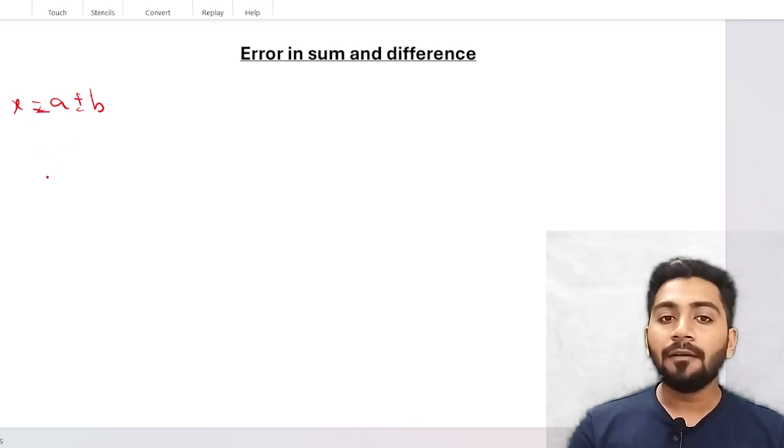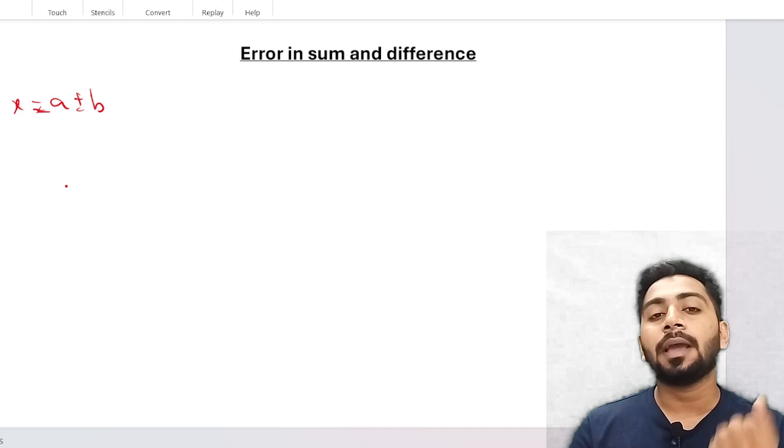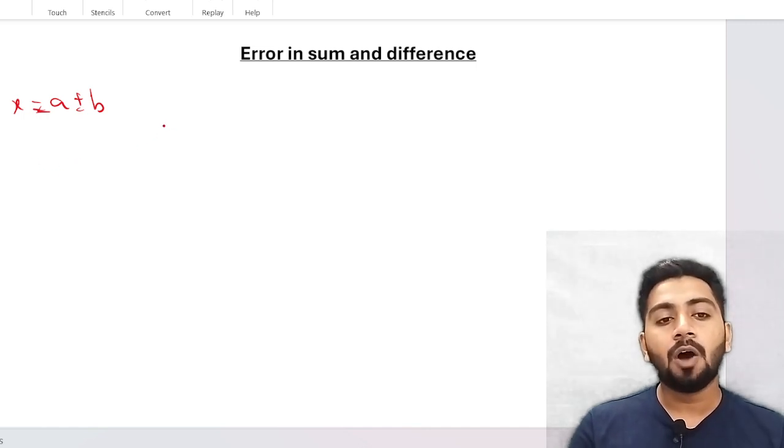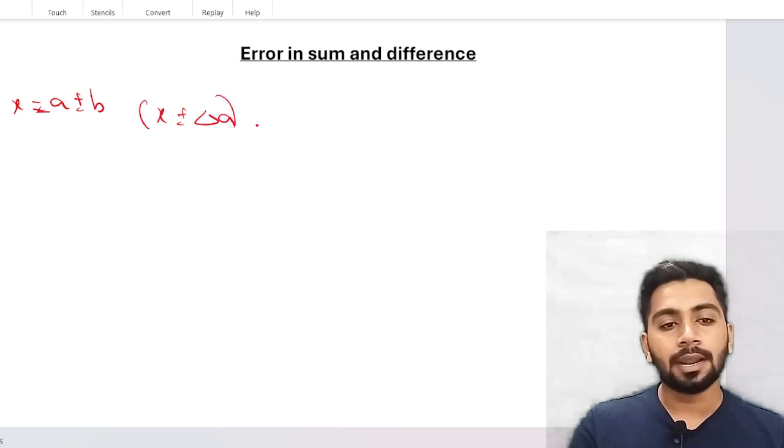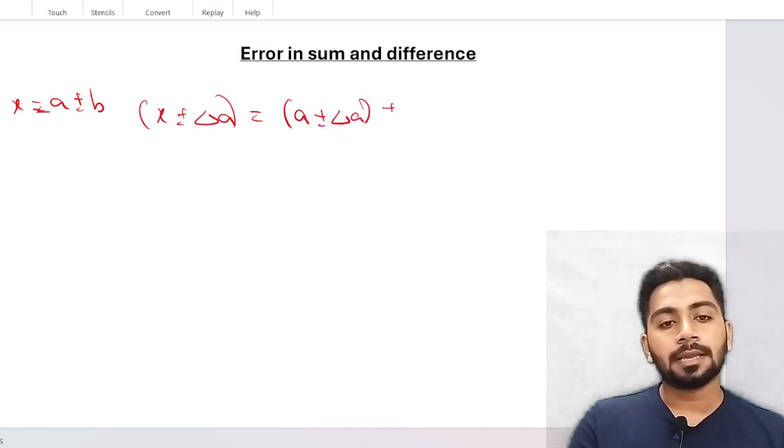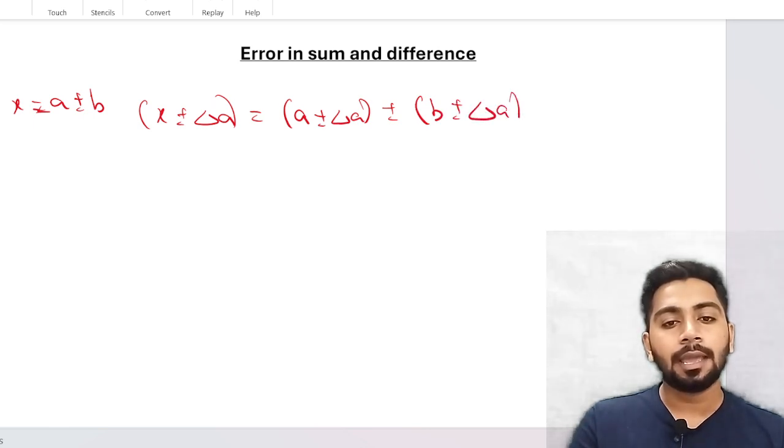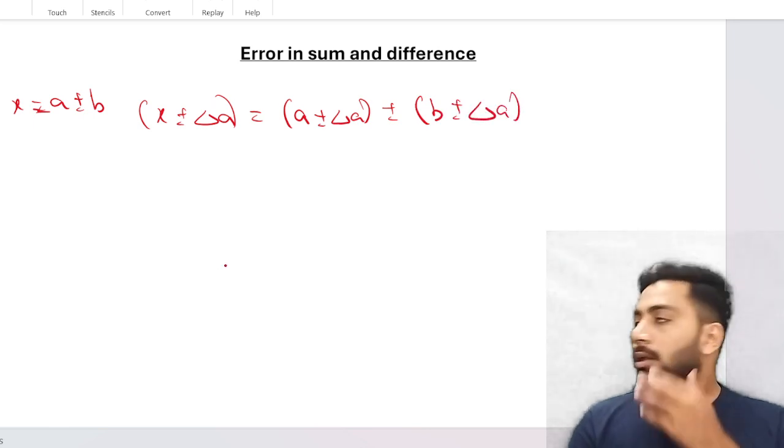I will add error to them. x plus or minus the error, and the same for a also, a plus or minus its error, and the same for b also, b plus or minus its error.